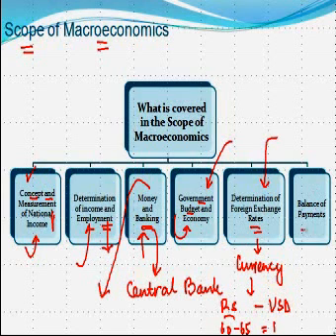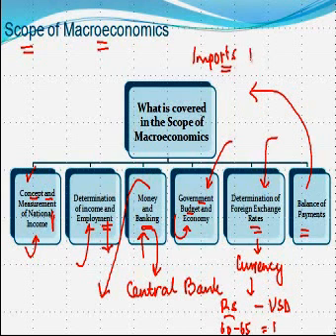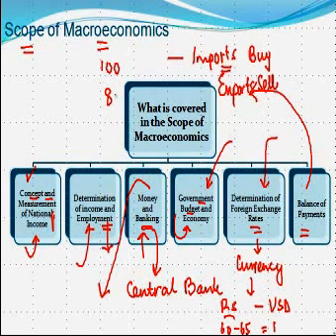And the last one is balance of payment. So every country imports things, right? Which means it buys things from other countries and it sells or exports things to other countries. Balance of payment basically means, let's say if I earn 100 rupees and I spend 80, I have earned a net of 20 rupees.